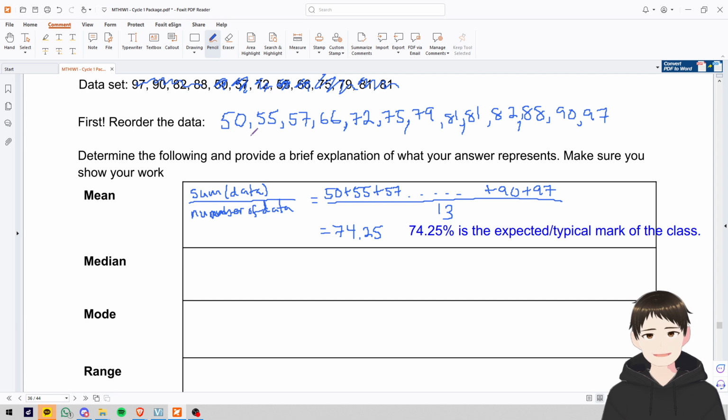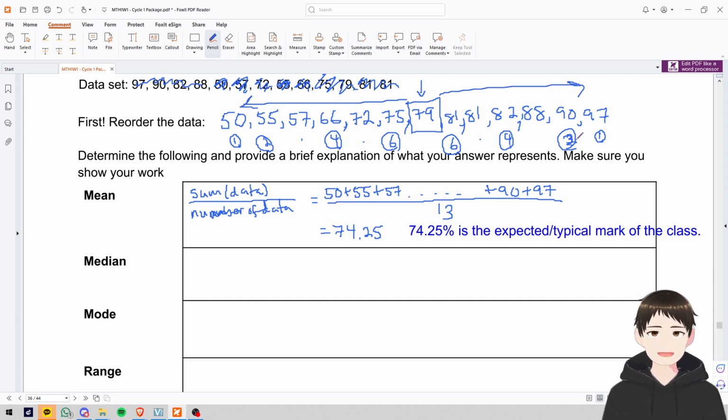So if we have, let's say, this is 1 person, 2 persons, 3, 4, 5, and 6. The middle person is 79. So if you scored 79, you would be right in the middle of the class. Half the class is under you, half the class is above you.